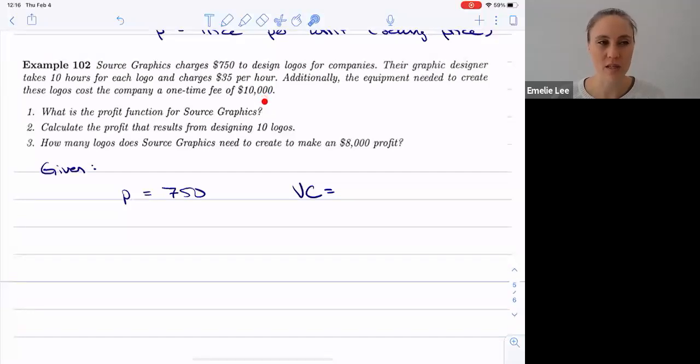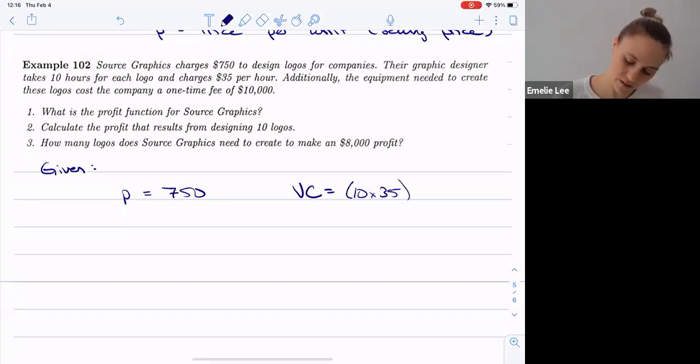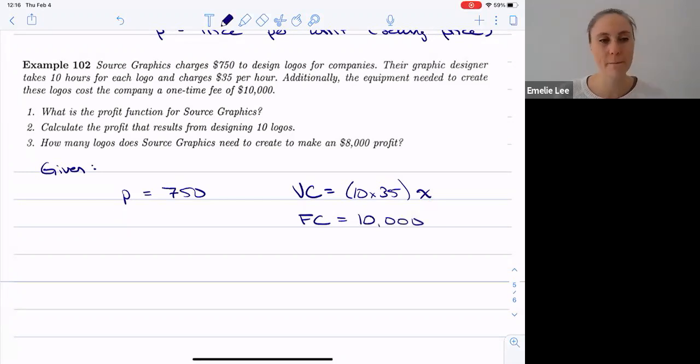And so in this case, it's just going to be the 10 hours at $35 an hour. So it's going to be 10 times $35 per hour times X, however many logos I'm producing. And then I'm going to say, well, my fixed costs are going to be $10,000.